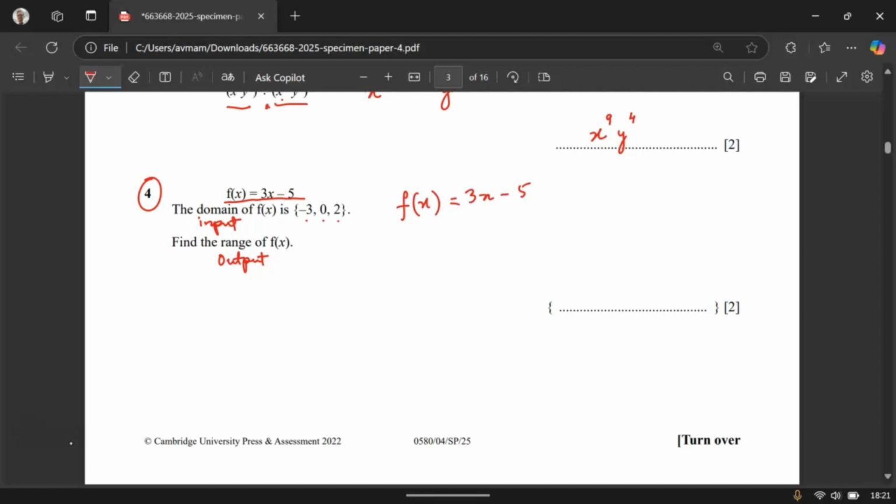So when x is -3, 3 times -3 minus 5 is -9 minus 5, and that is -14. When x is 0, 3 times 0 minus 5, which is -5. When x is 2, 3 times 2 minus 5, which is 6 minus 5, and that's 1.